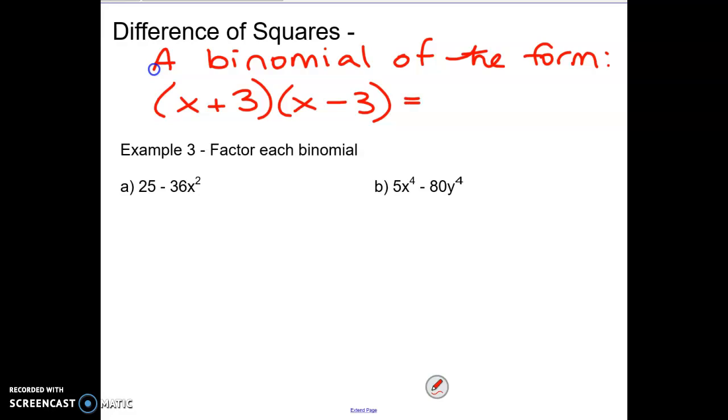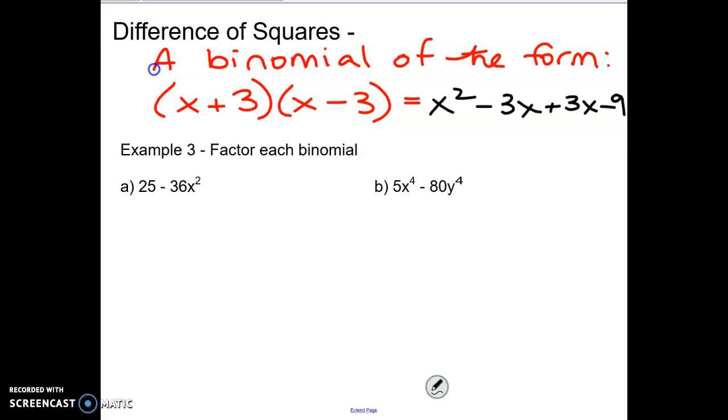And what this does when we FOIL it is gives us x times x, so x squared, x times negative 3, negative 3x, 3 times x, so a positive 3x, and then a 3 times a negative 3 gives us a negative 9.